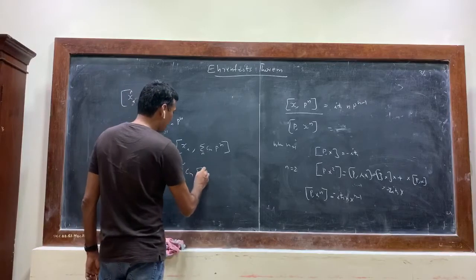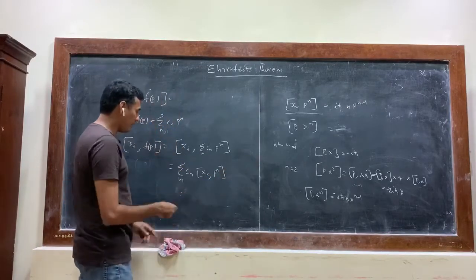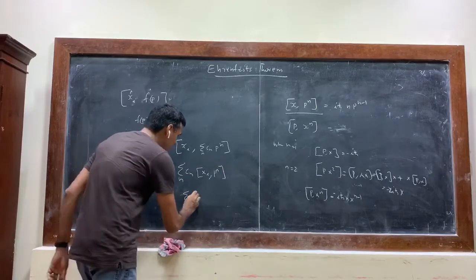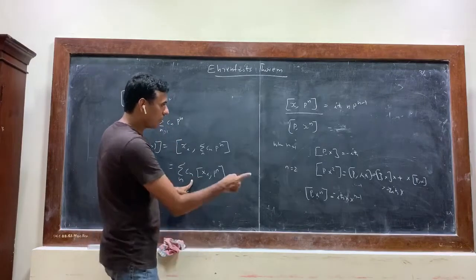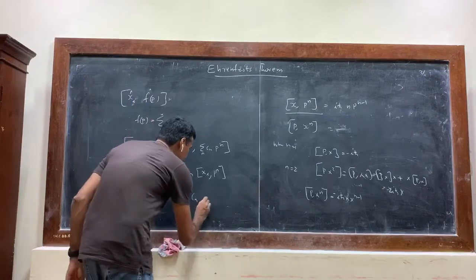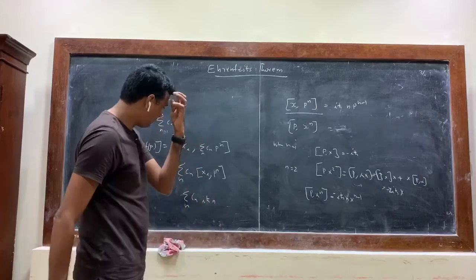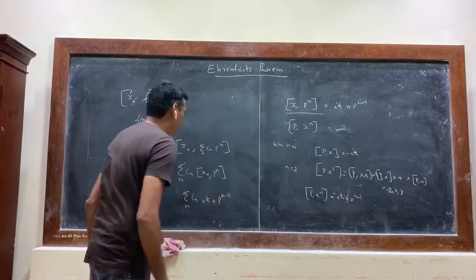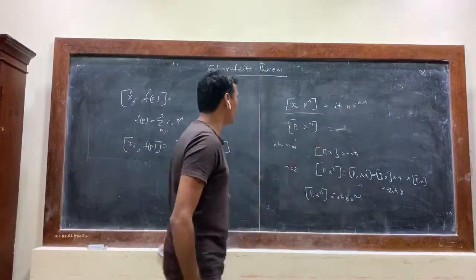then we have [x_i, p raised to n], which you have already evaluated there. So that is going to be summation over n c_n times iħ n times p raised to n minus 1.